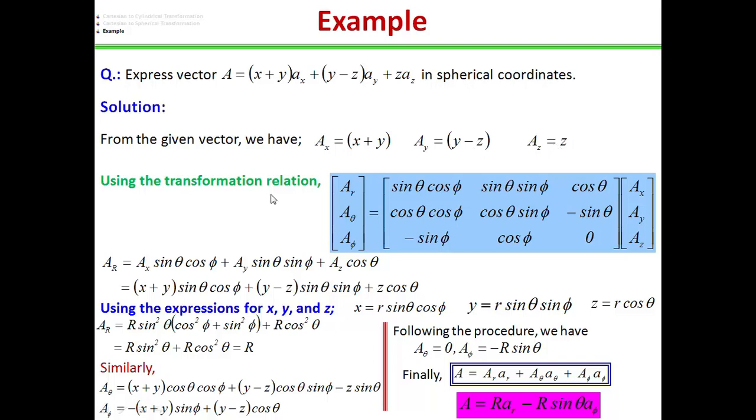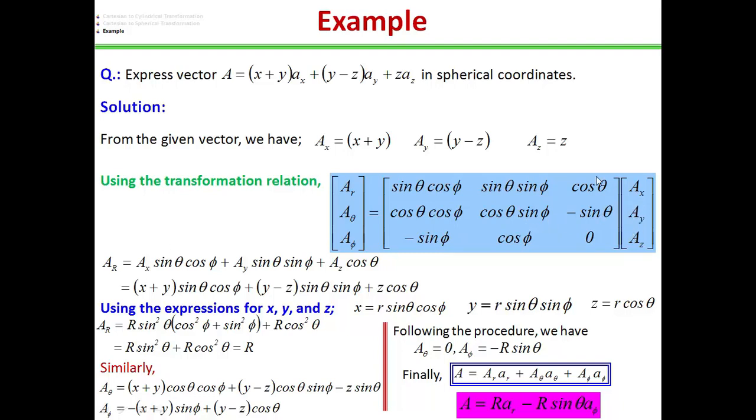And using the transformation relation, that is ar, a theta, a phi is equal to the matrix [sin theta cos phi, sin theta sin phi, cos theta; cos theta cos phi, cos theta sin phi, minus sin theta; minus sin phi, cos phi, 0] multiplied by ax, ay, and az.